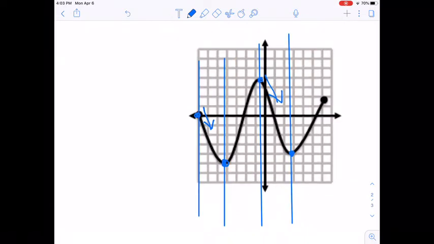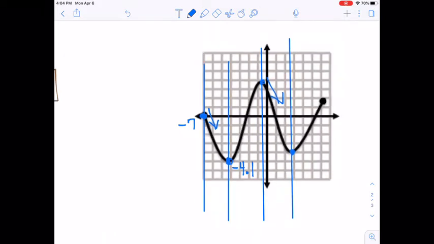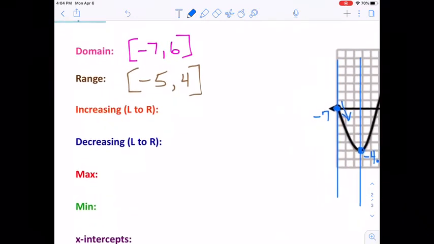I am going to estimate the values of these coordinates on the x-axis. This point is at -7. This other point is about -4.1, I'll say. So between -7 and -4.1, it is decreasing.